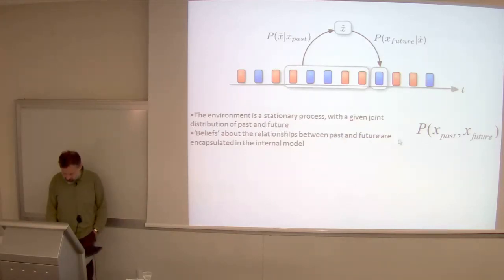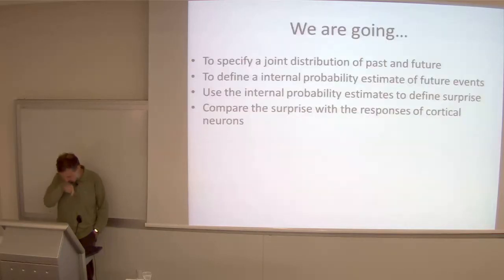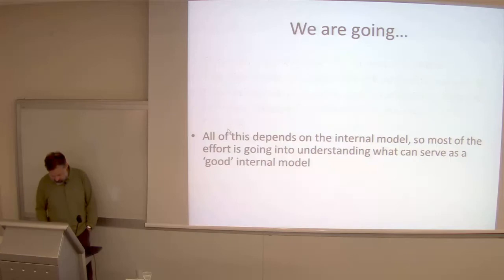And then we have a joint distribution of past and future because of the stationarity. What we assume is that there's an internal model that encapsulates information from the past and is being used to create the prediction for the future. So what we want is to define these internal probabilities and use them to define a surprise. All of this would depend on the internal model.